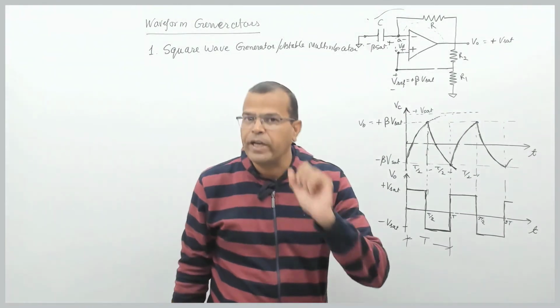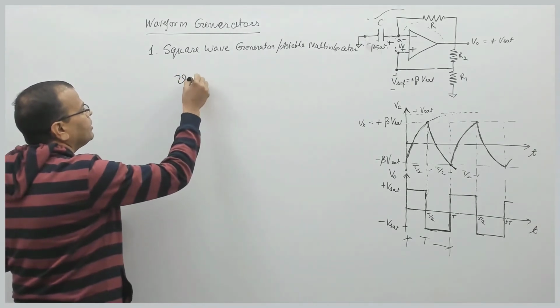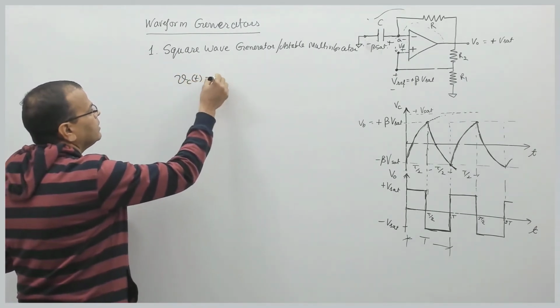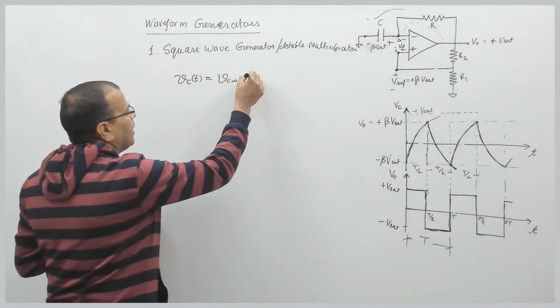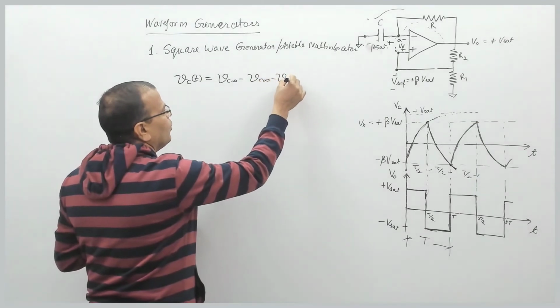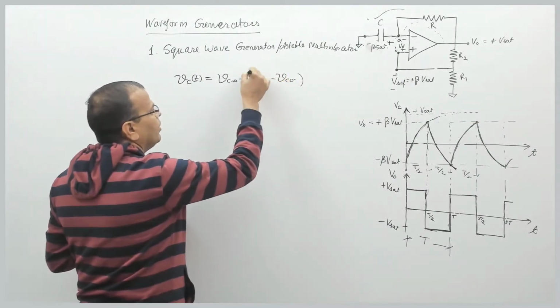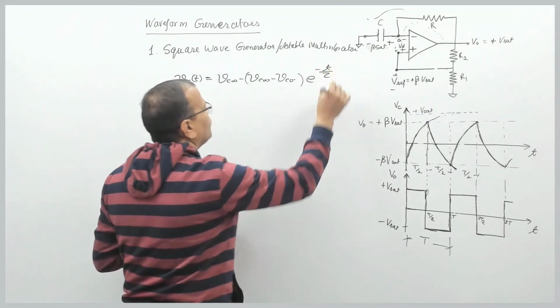You must remember one expression. The expression of voltage across a capacitor is given by Vc(t) = Vc(infinity) minus [Vc(infinity) minus Vc(initial value)] into e raised to power minus t by tau.